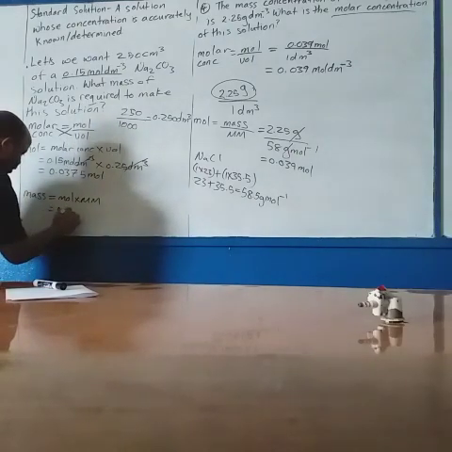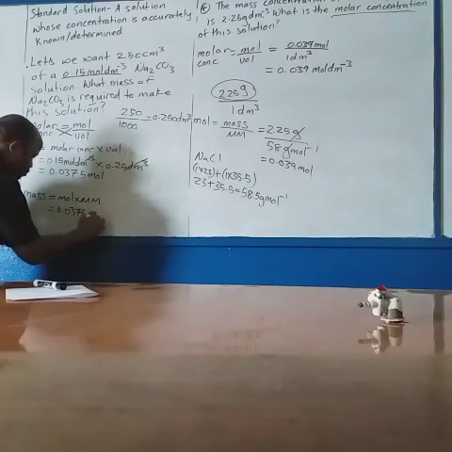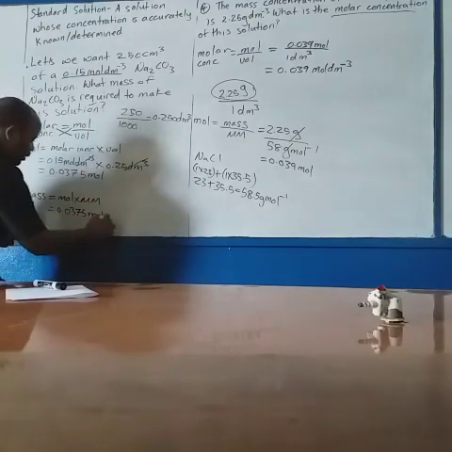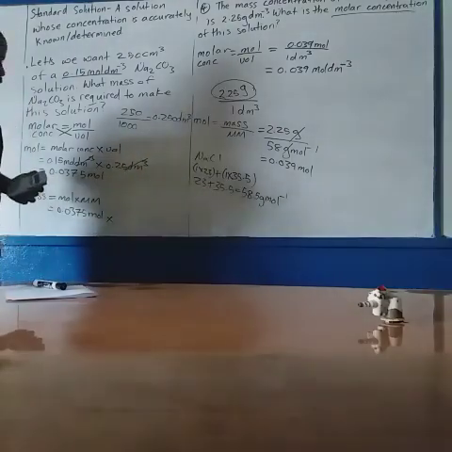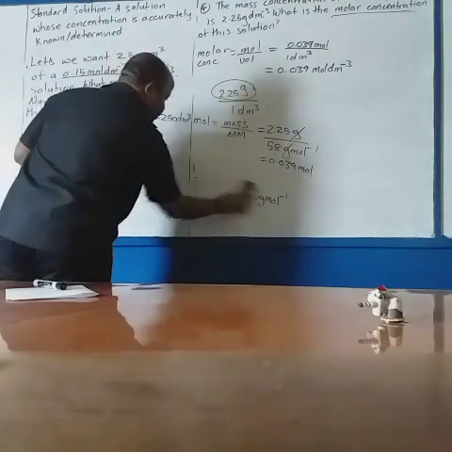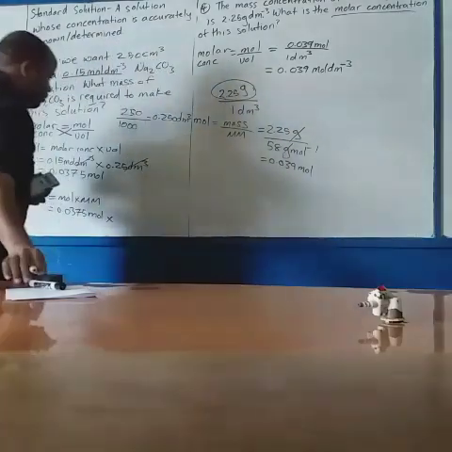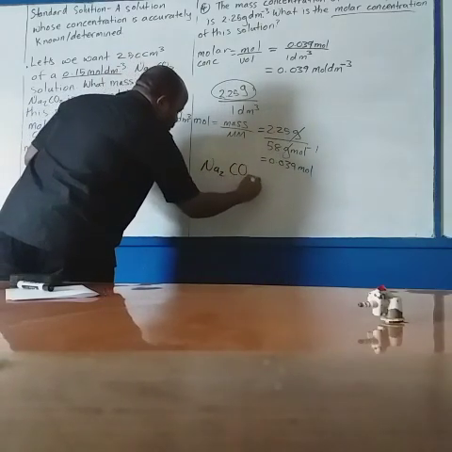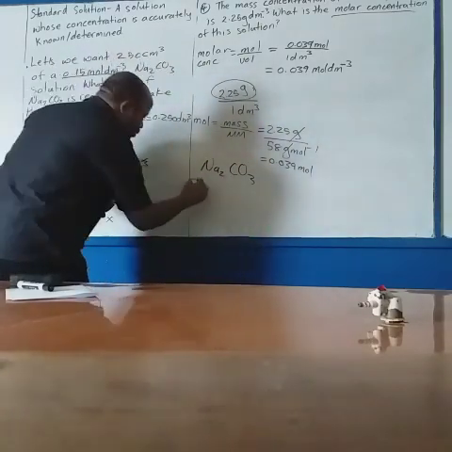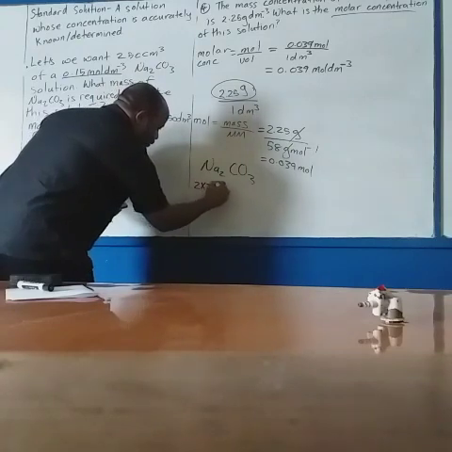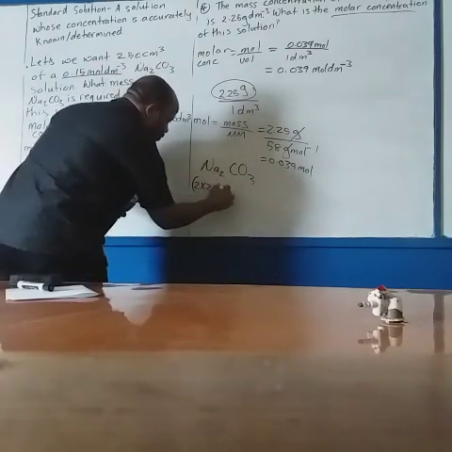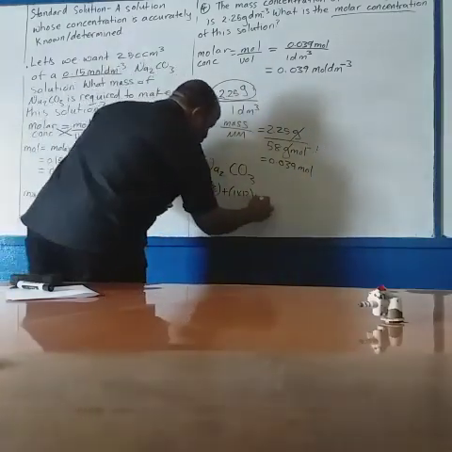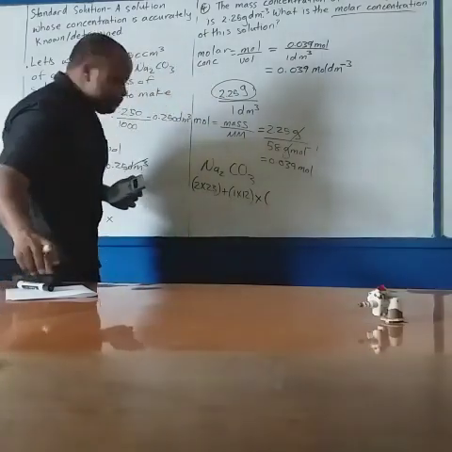So 0.0375 moles. But we have to calculate the molar mass of sodium carbonate. Okay, let's just do it here. So sodium carbonate is Na2CO3. We have 2 atoms of sodium, so that's 2 times 23. We have 1 atom of carbon, so that's 1 times 12. And we have 3 atoms of oxygen, so that's 3 times 16.